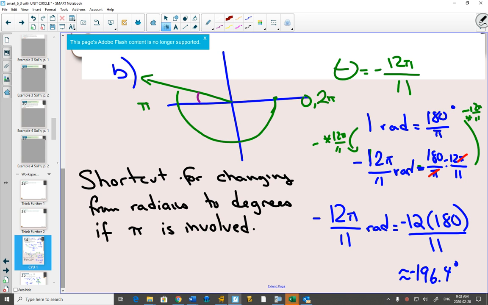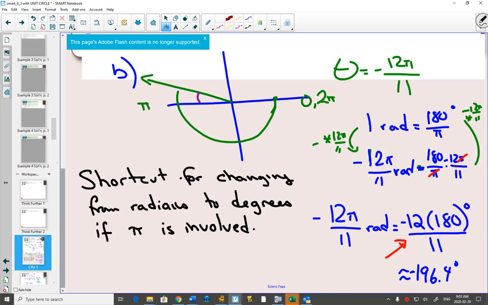So notice I have negative 12 pi over 11, and I'm wanting to change that from radians to degrees. Take a look at the work that we did and see if you can figure out a shortcut. So, here we did all the work, but can you see how you could get to this step quicker?